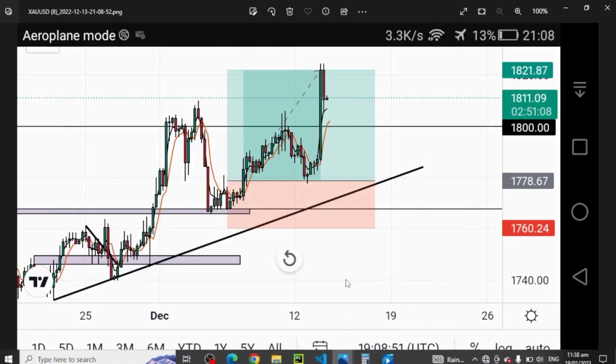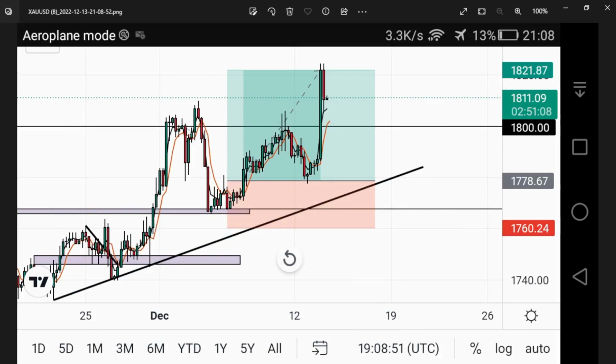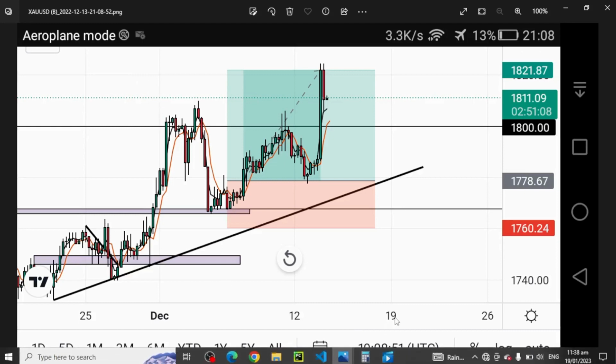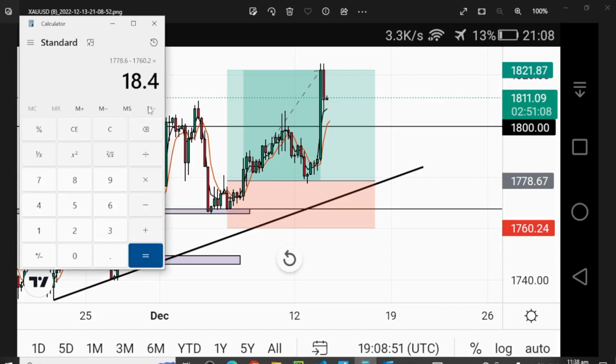Okay, so this is a gold trade that I closed on the 13th of December 2022. The first screenshot is on my phone, which is being worked on right now. But on this trade, let's calculate the pips.